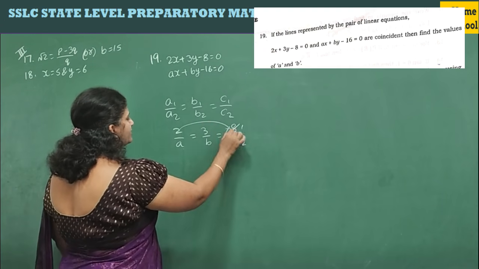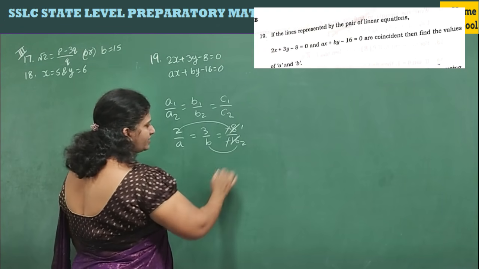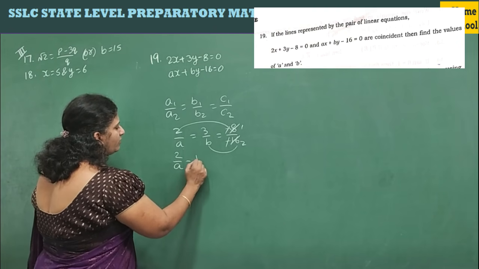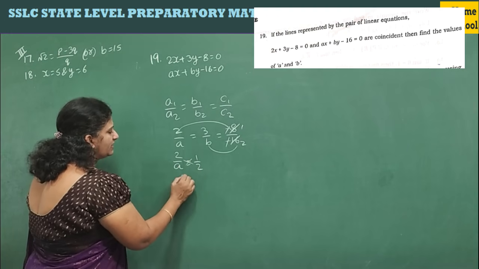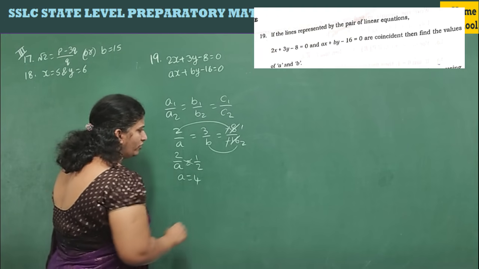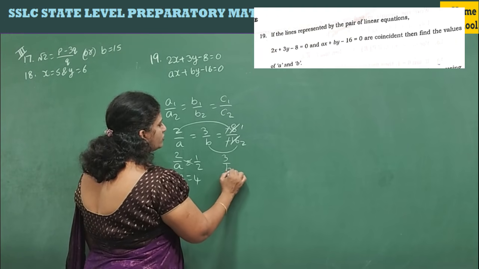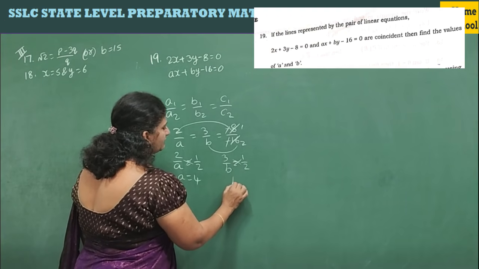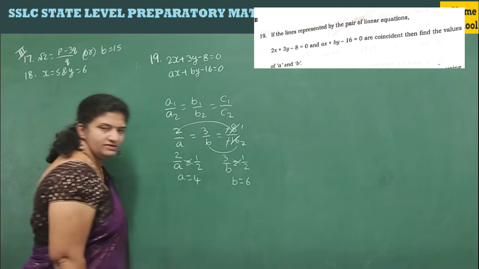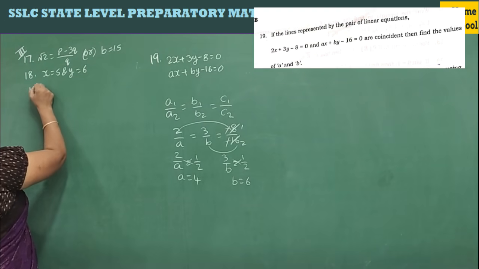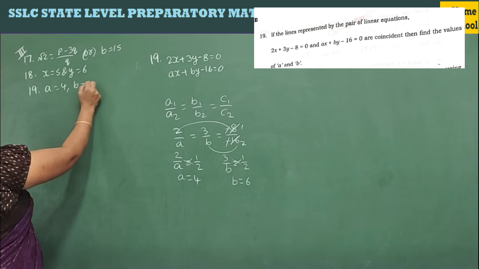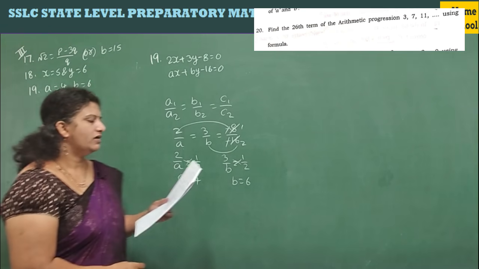So, compare these two and find a, compare these two and find b. 2 by a is equal to 1 by 2. Cross multiply, a is equal to 4. Compare these two ratios, 3 by b is equal to 1 by 2. Cross multiply, b is equal to 6. Therefore, what's your answer? a value is 4 and b value is 6.